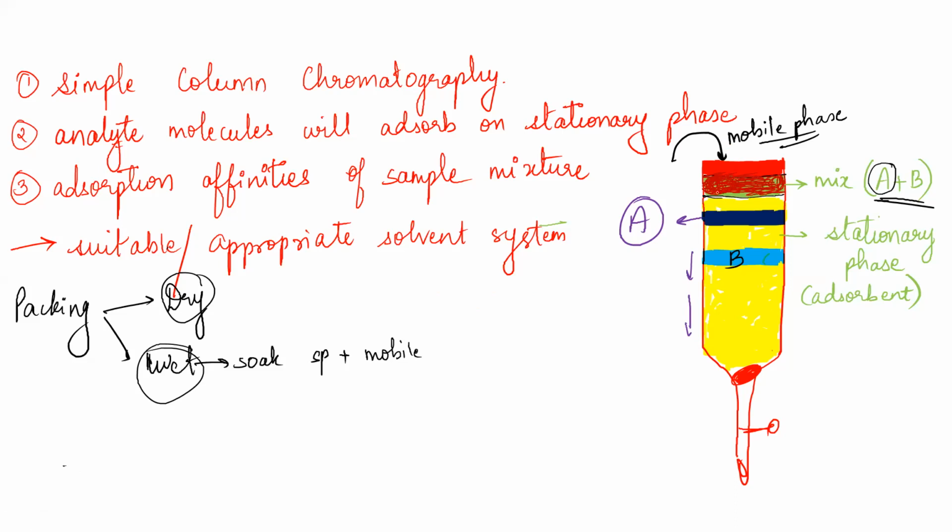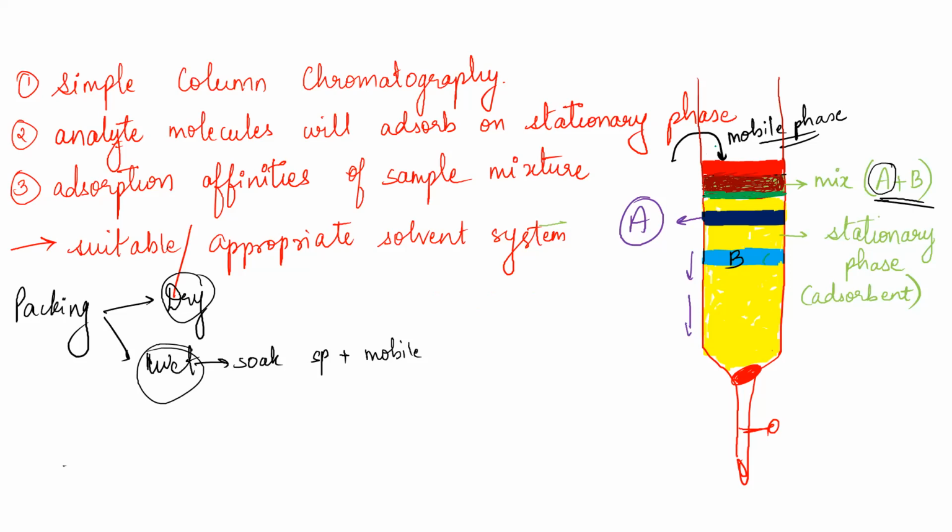See, I will have to draw another column again to show that the sample has moved down. Instead of that, I will increase the length of the column to show you all that yes, the sample is moving down. So the thickness of my mix, whatever I have loaded, is going to reduce because separation is happening already. The B component has moved down because it has more affinity towards the mobile phase.